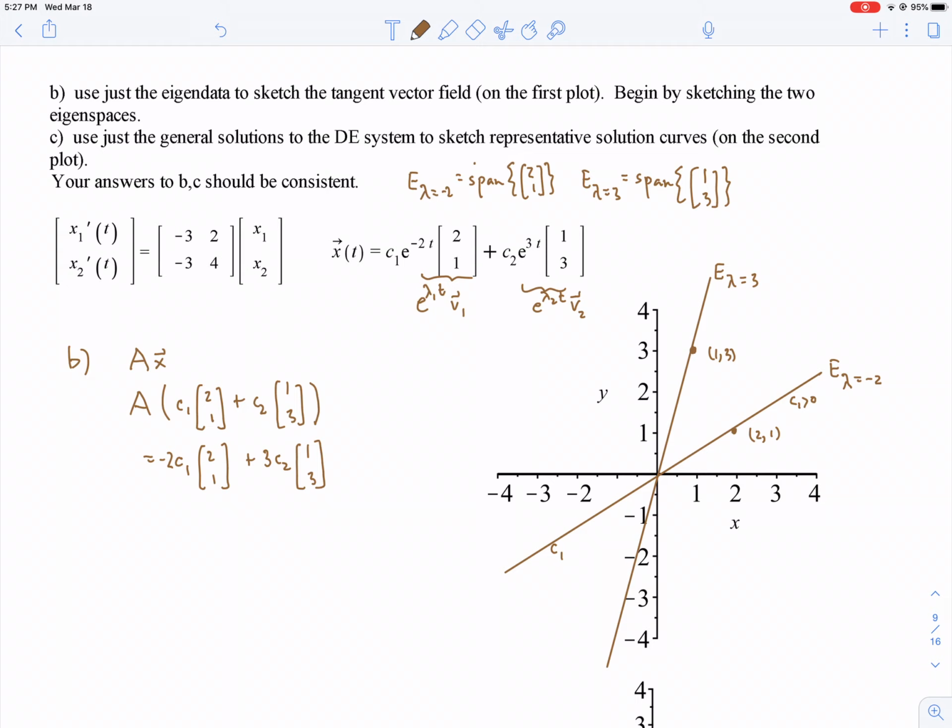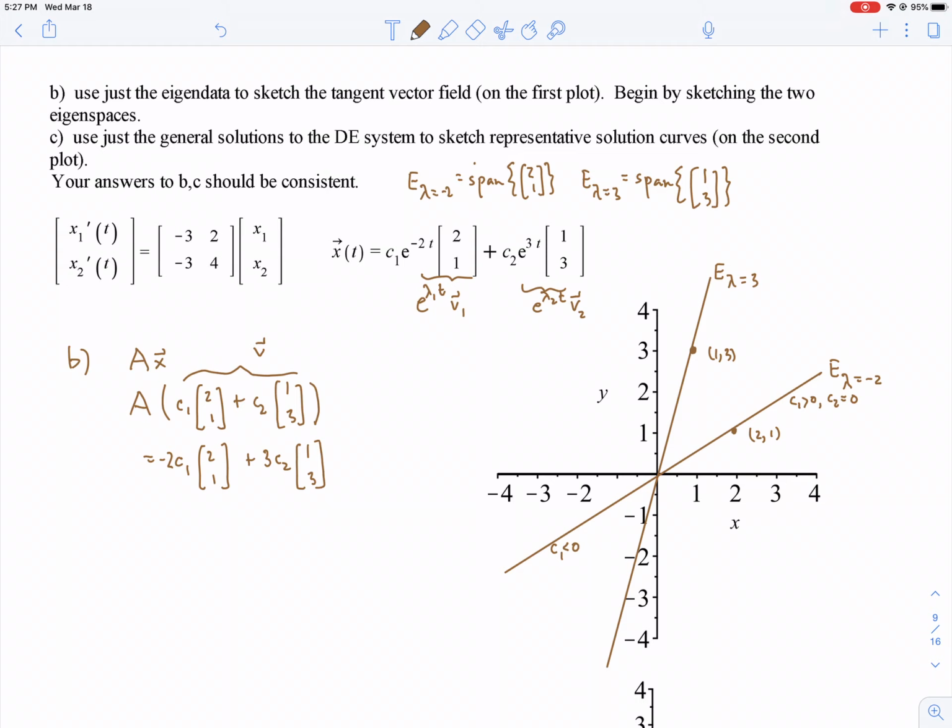Here the C1s are negative, and the C2s are 0 when I'm writing X using the basis (2, 1) and (1, 3).